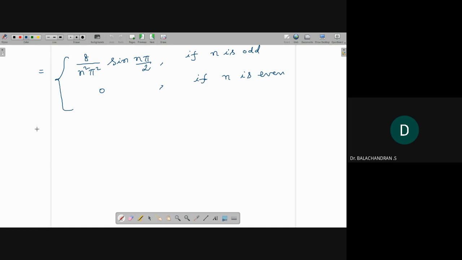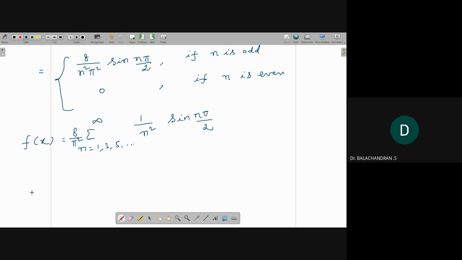So now this is equal to, when n is odd, so what is f of x? f of x is equal to summation of Bn, n equal to 1, 3, 5 up to infinity. 8 by pi square is constant. 1 by n square into sin(n pi by 2).